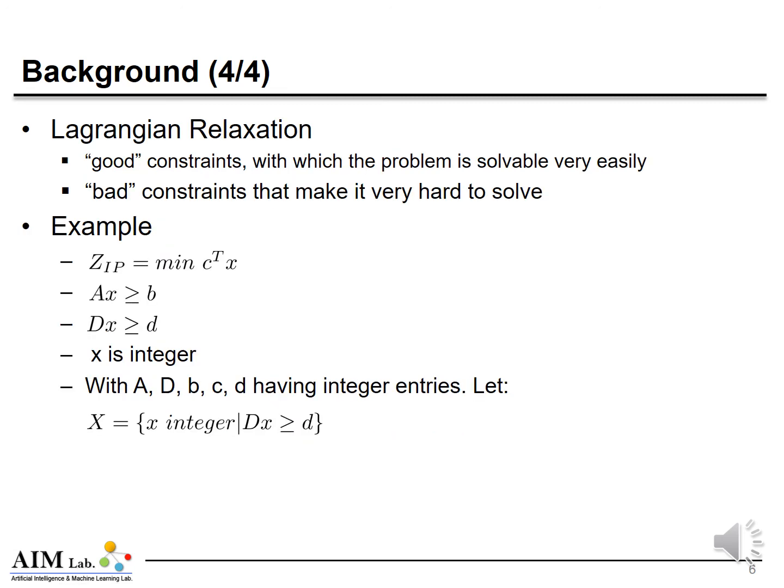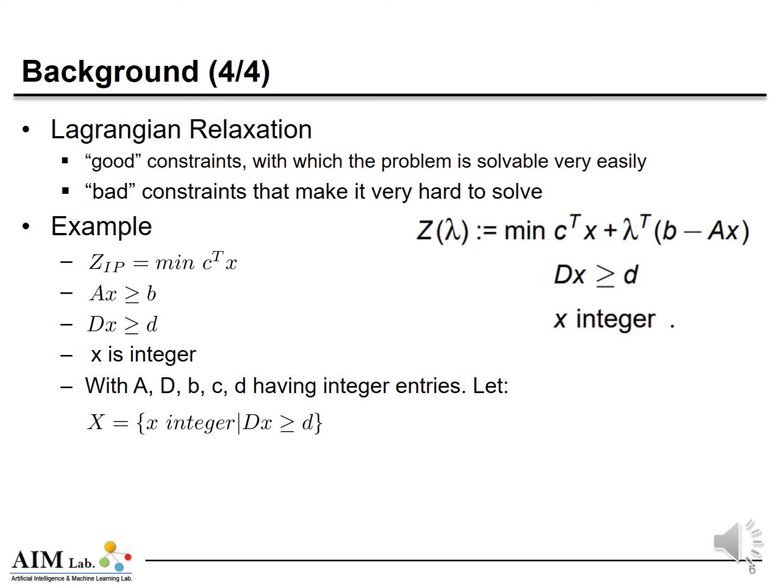Lagrangian relaxation is a technique well suited for problems where the constraints can be divided into two sets: good constraints, with which the problem is solvable very easily, and bad constraints that make it very hard to solve.